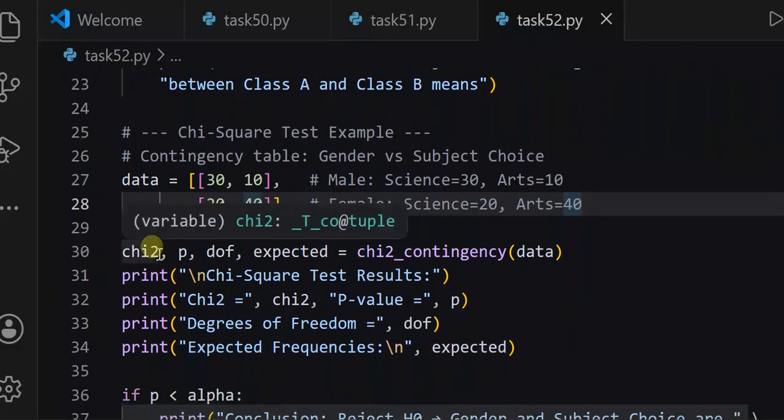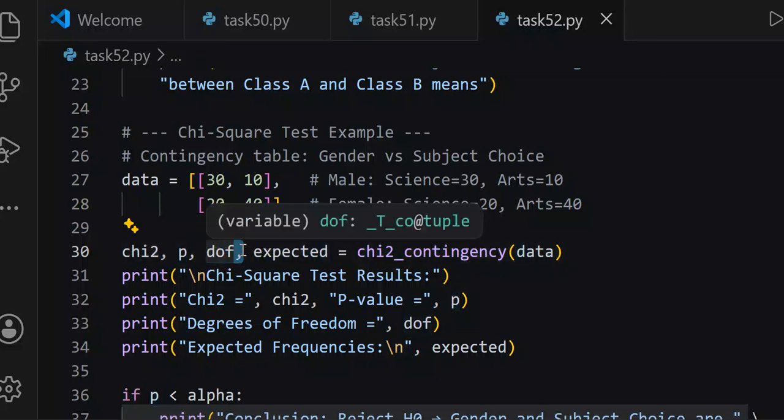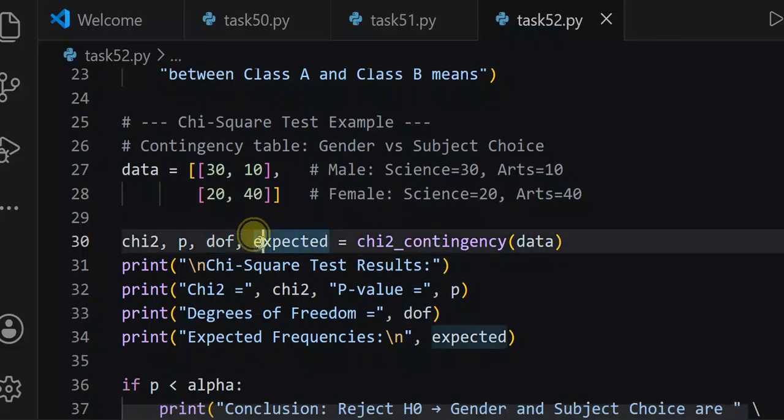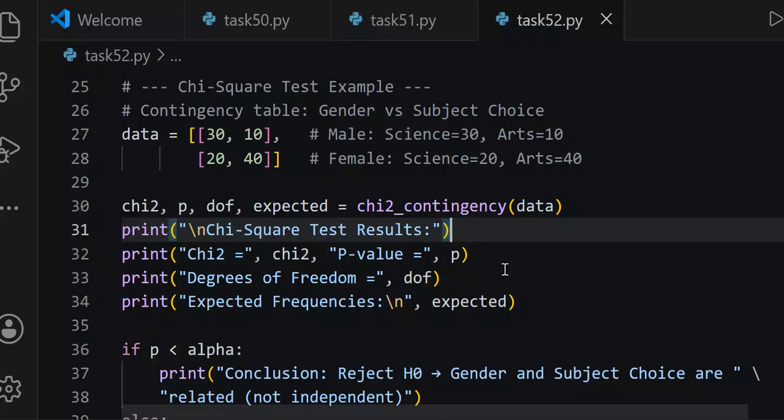Here chi2 is the chi-square statistic, p is the p-value, dof is the degrees of freedom, and expected is the expected frequency. Then we display the result by using a print function, which prints all the test results.